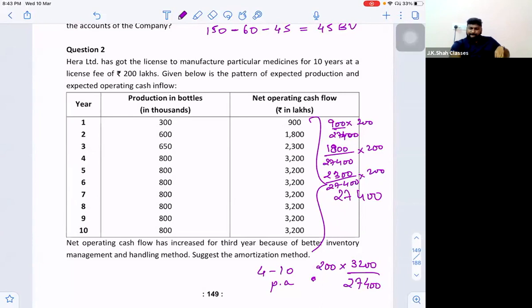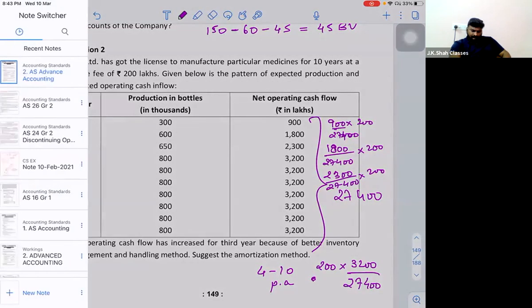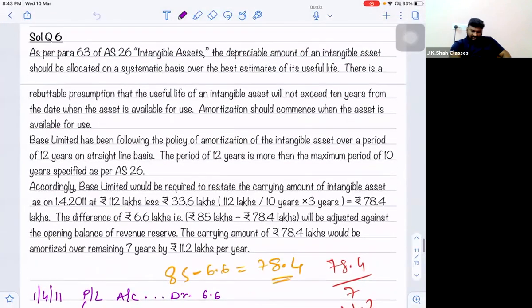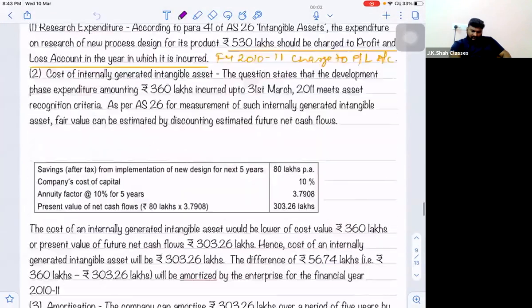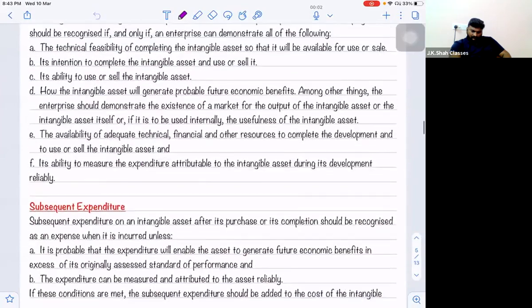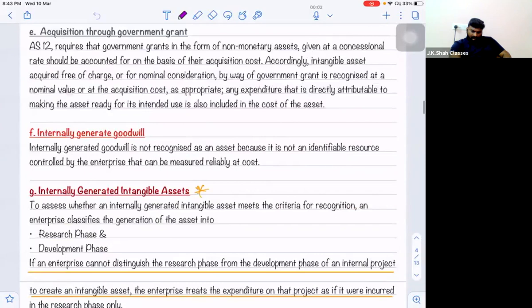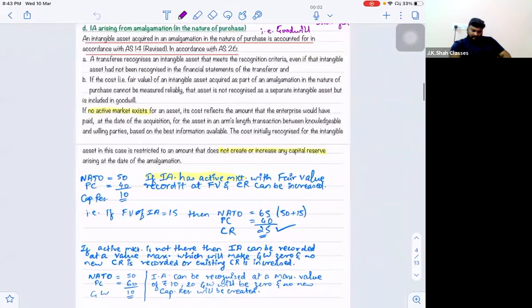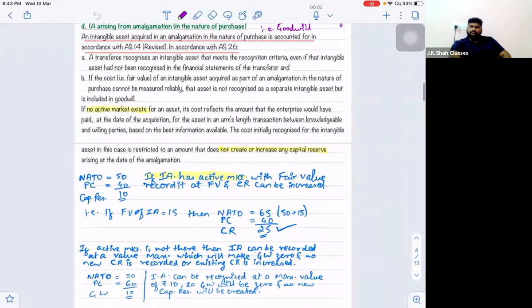Yes, yes. Sir, can you please open the standard on amortization in the nature of purchase? Amalgamation. Yes, opened. Sir, in that third line, there is recognition criteria: that meets recognition criteria.